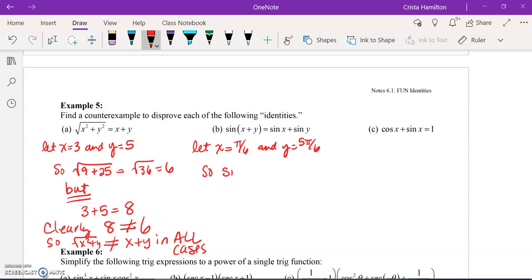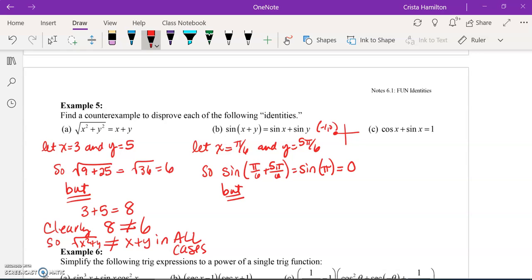So that would make sine of pi over 6 plus 5 pi over 6 equal to the sine of 6 pi over 6, or pi. And if you will recall from the unit circle, your terminal point over here is negative 1, 0. Sine is the y-coordinate, so that would be 0.